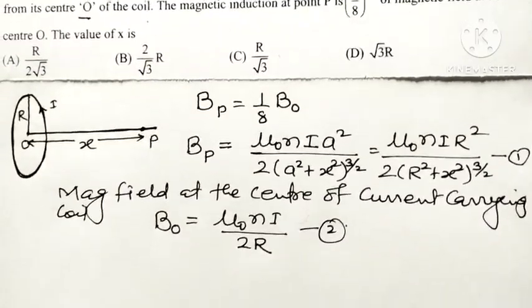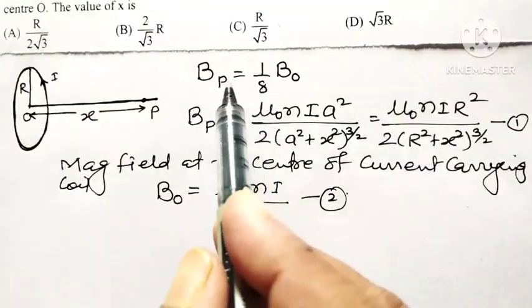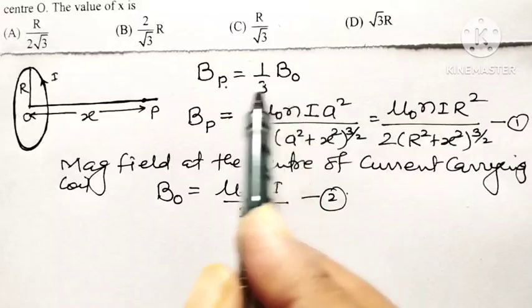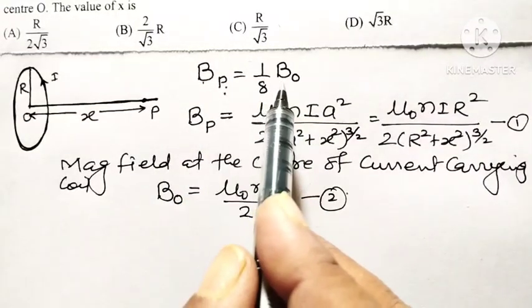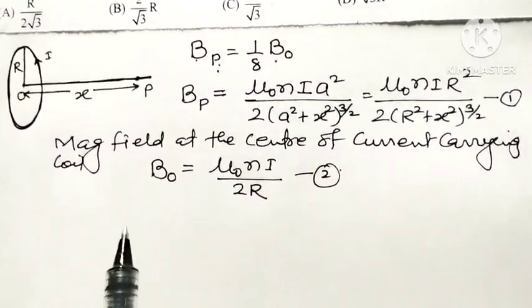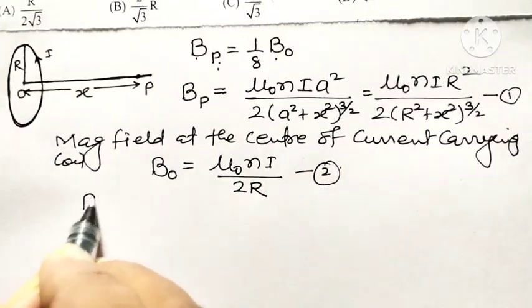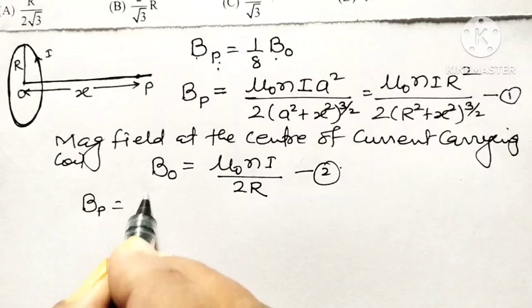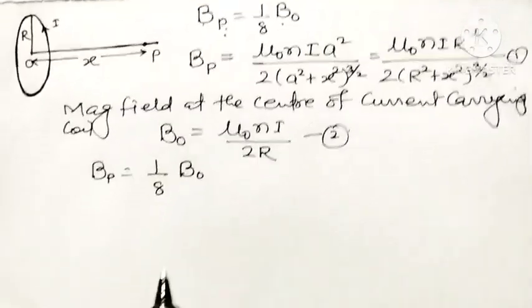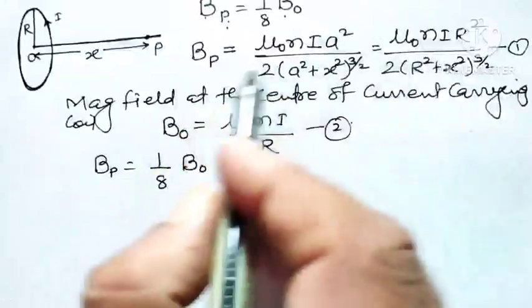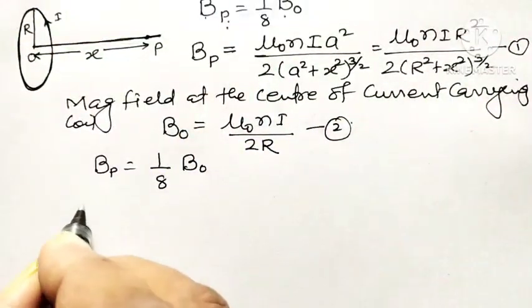But we want to find out the value of x, and we know the relationship between the magnetic field at a point along the axis and the magnetic field at the center of the current carrying coil, that BP is equal to 1 by 8 that of BO. Now put the value of BP and BO from equation 1 and equation 2.